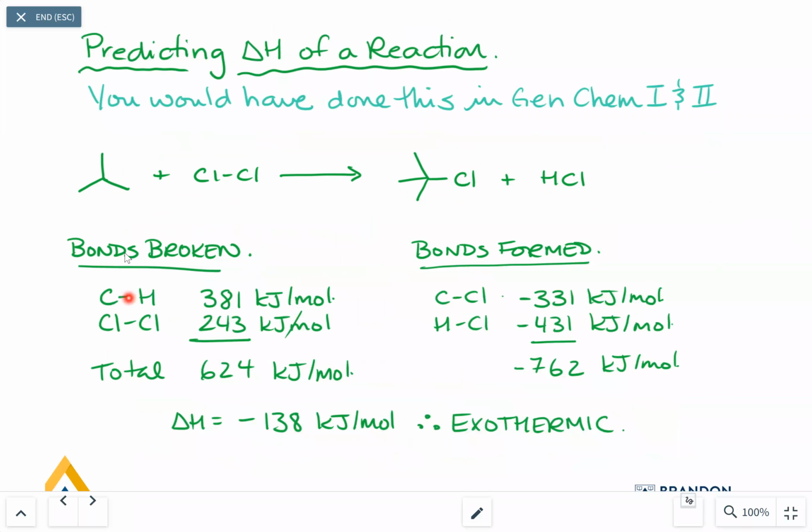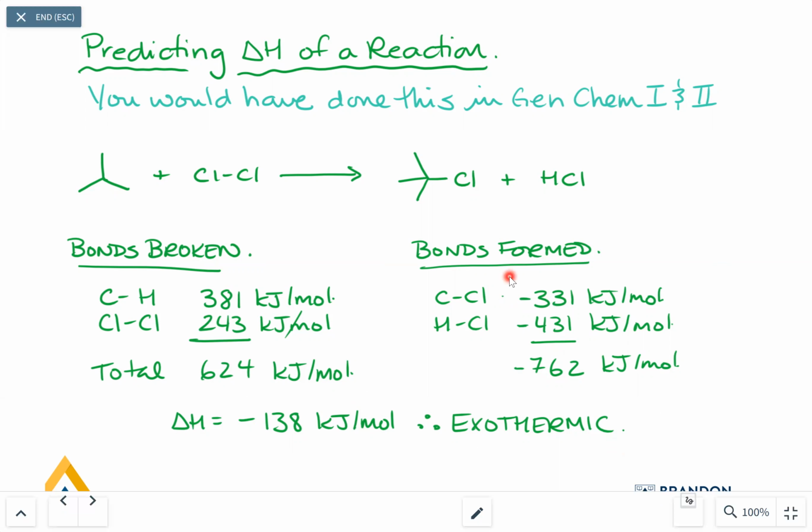If you calculate the bond energies, you take the bonds that are broken, you take the bonds that are formed, see which has the most energy, and then do the math, it turns out that this delta H is a negative number, so it was an exothermic reaction and a lot of heat would be generated.